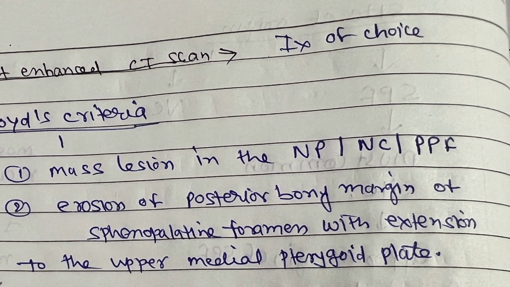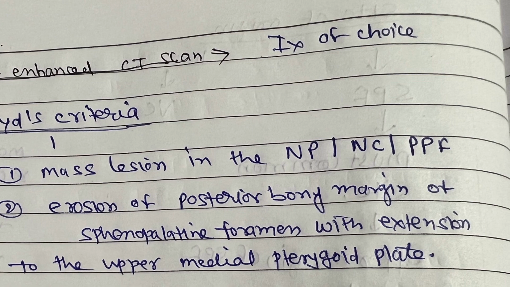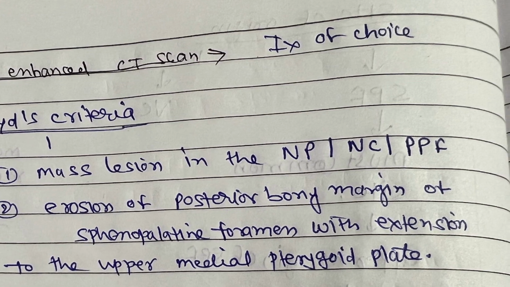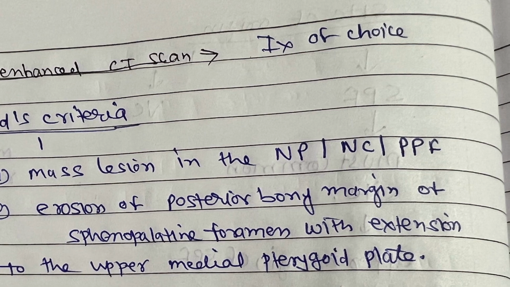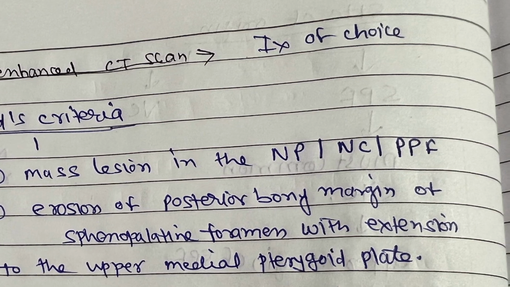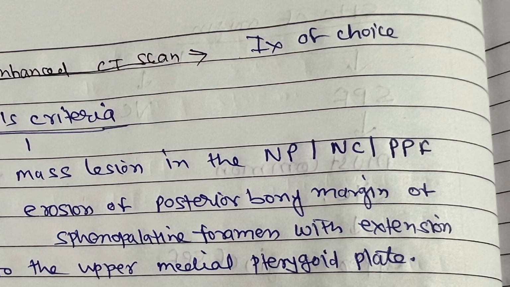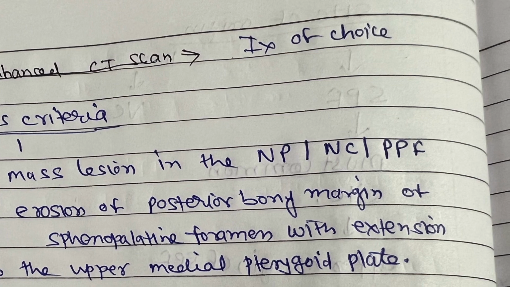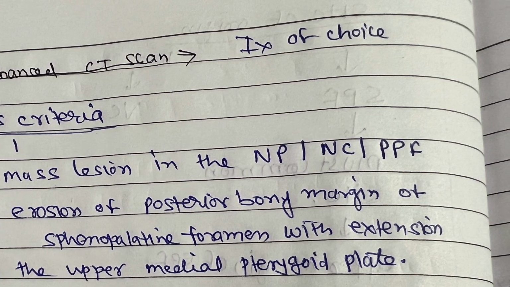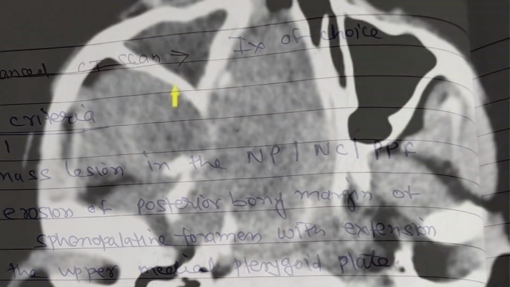As CT is the diagnosis of choice in angiofibroma, there is Radkowski's criteria. In this criteria, there is a mass lesion in the nasal cavity, nasopharynx, or pterygopalatine fossa, with erosion of the posterior bony margin of the sphenopalatine foramen and extension to the upper medial pterygoid plate, suggestive of angiofibroma.